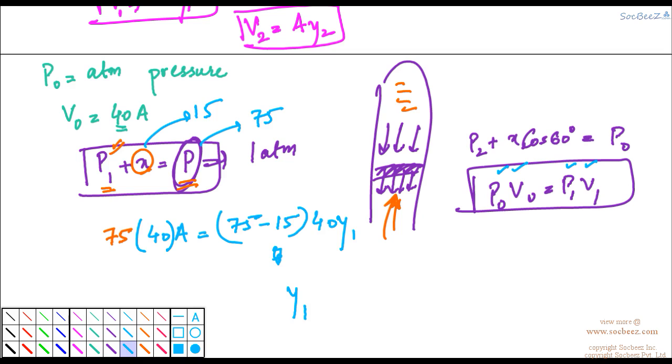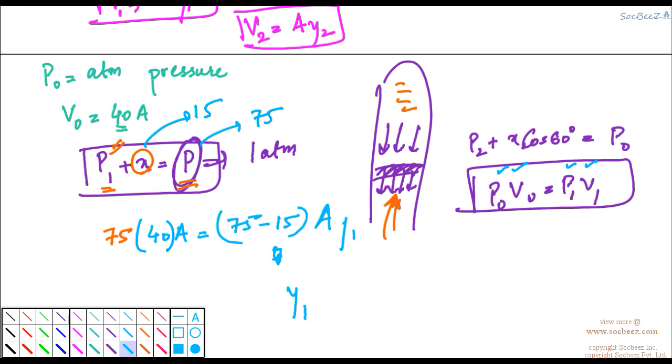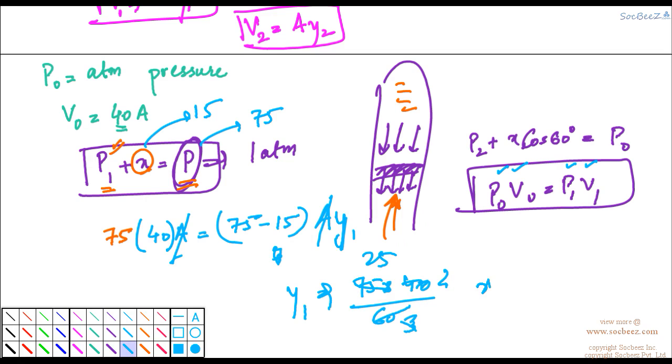One sec, not 40 over here, my mistake. So it would be A into Y1. So A and A get cancelled out. Y1 is nothing but 75 into 40 upon 60. So 2 by 3, 25. It becomes a length of 50 centimeters.